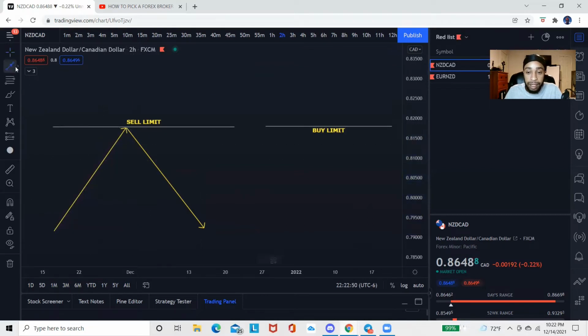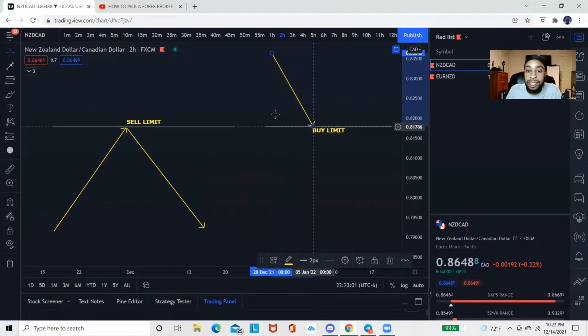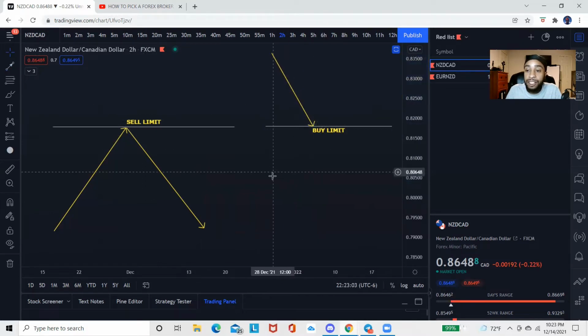Okay. Now, a buy limit is the same concept, but in the opposite direction. So you would like to see a buy limit start high, work its way down. Then whenever it hits the area that you are looking for it to, get in on a trade. So for a buy limit, you would have to set the parameters similar to a sell limit. You're looking for a specific area you would like the market to get to before it activates.